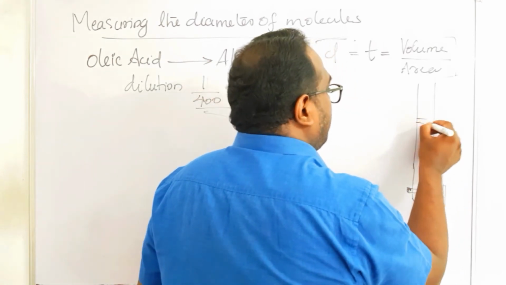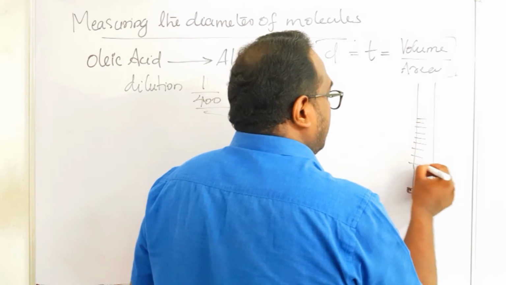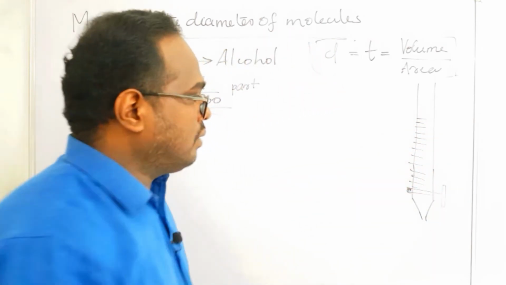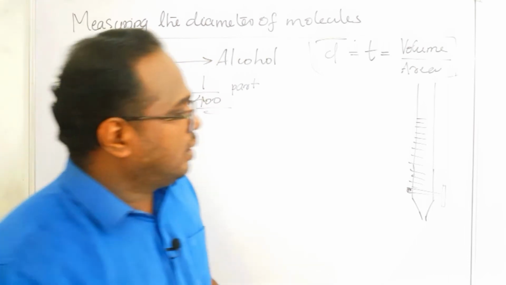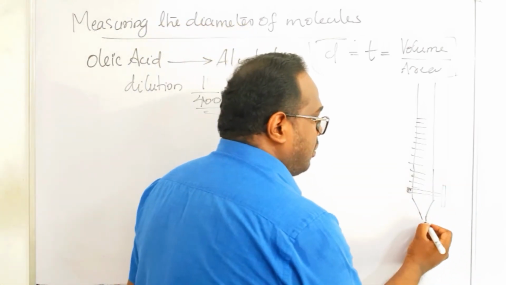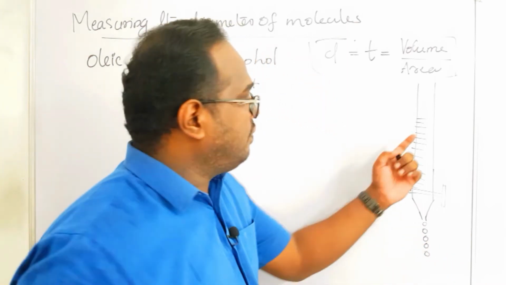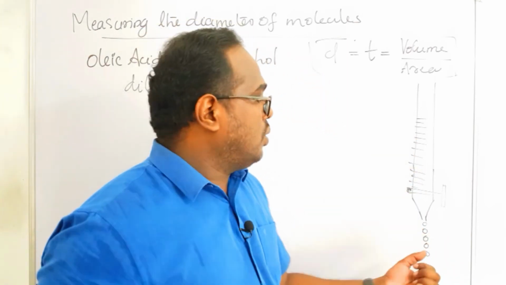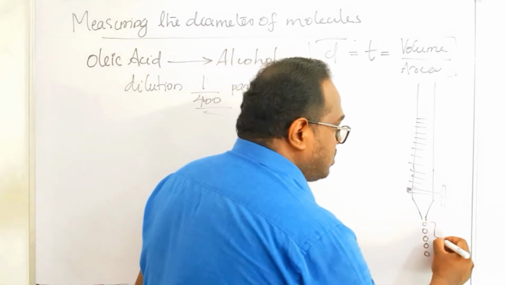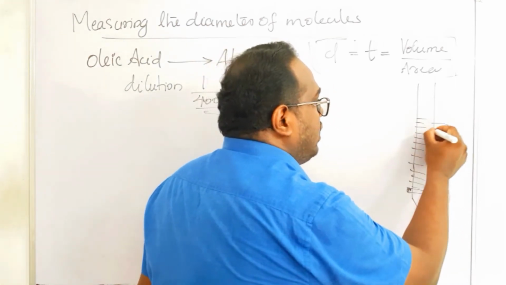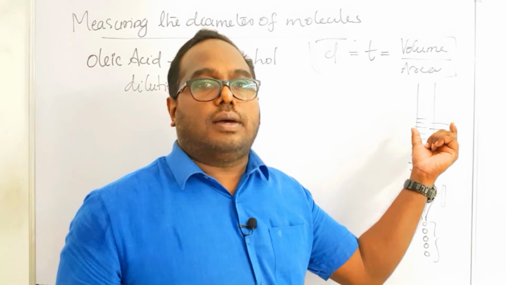There will be markings on this burette, and you slowly open this knob. The solution will come out as droplets. So you count these droplets for 1 unit of the burette.